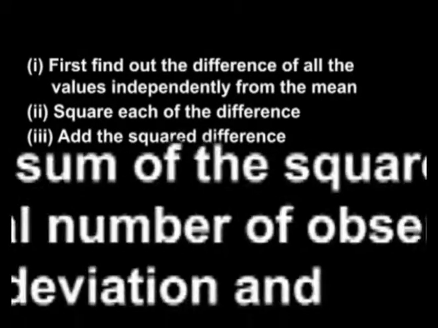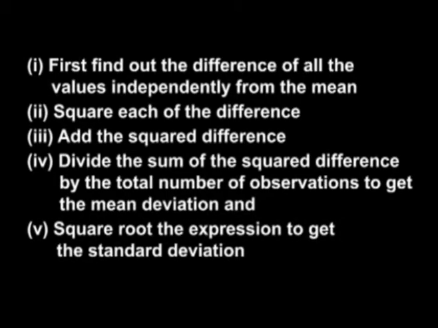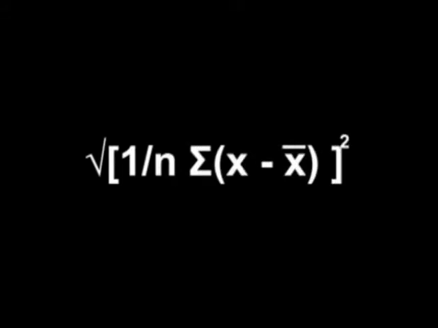Fourth, divide the sum of the squared differences by the total number of observations to get the mean squared deviation. And finally, take the square root of the expression to get the standard deviation. In fact, the square root reverses the unit of measurement to its actual state. The formula for standard deviation can thus be written as the square root of the sum of (x minus x bar) whole square divided by n.